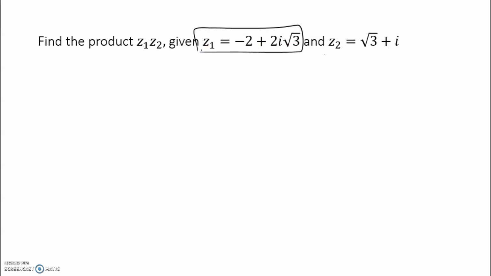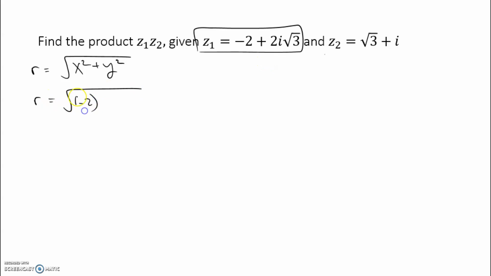Okay, the first thing I need to do is to find r. So r is equal to the square root of x squared plus y squared, which our x is negative 2 and our y is 2 square root of 3.